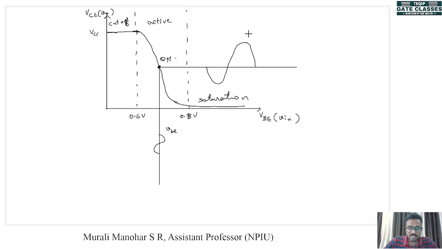So this is our vce. Okay. So when we give an input here, it is actually vBE, which is equal to VBE plus vbe. And our output is actually vCE, which is equal to VCE plus vce.